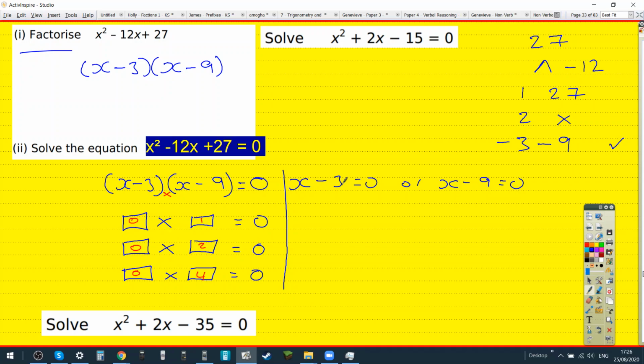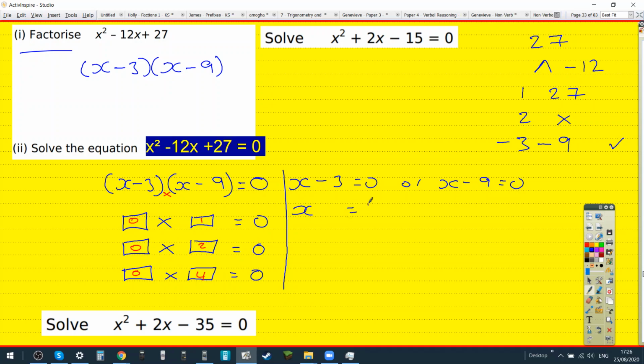What number is x? X is 1. 1 minus 3 is minus 2. We need it to make 0. What minus 3 makes 0? 3. Yes.